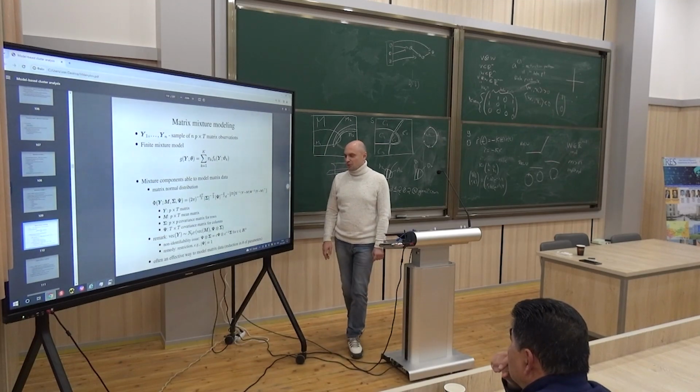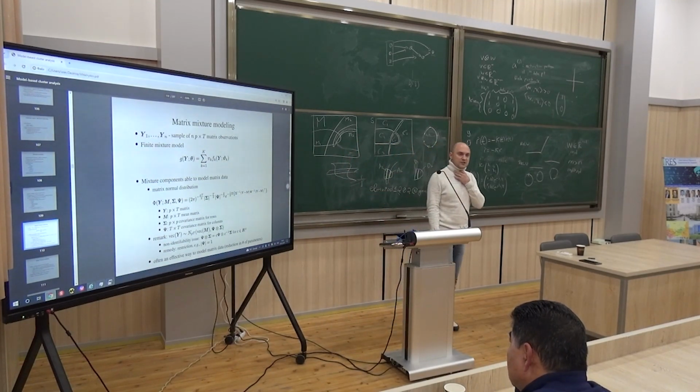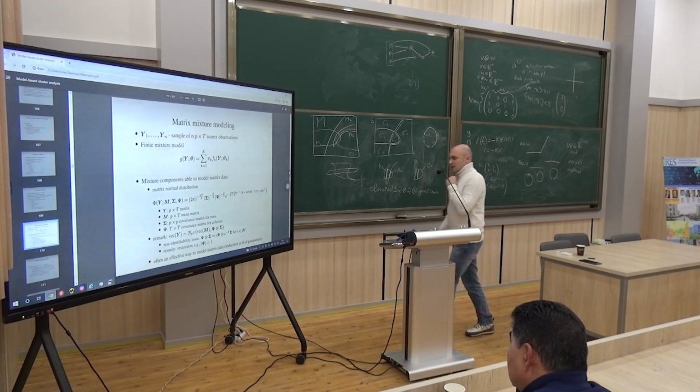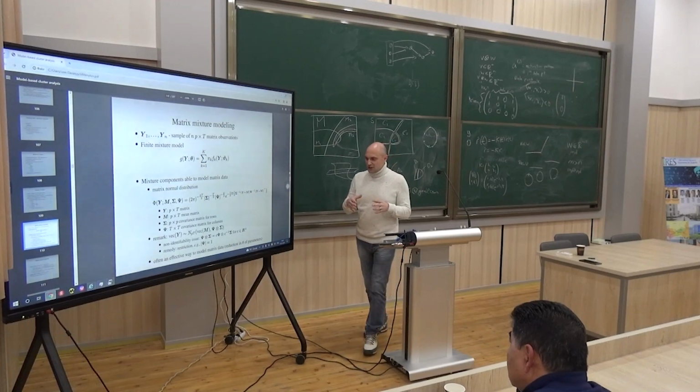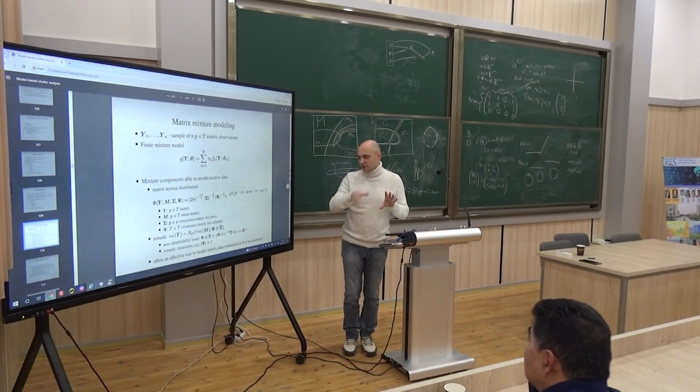So it's a Kronecker product of psi and sigma. So in some sense, we can also see this distribution as a partial case of the multivariate normal distribution. But this construction takes into consideration the matrix form, right? That we have rows and we have columns.